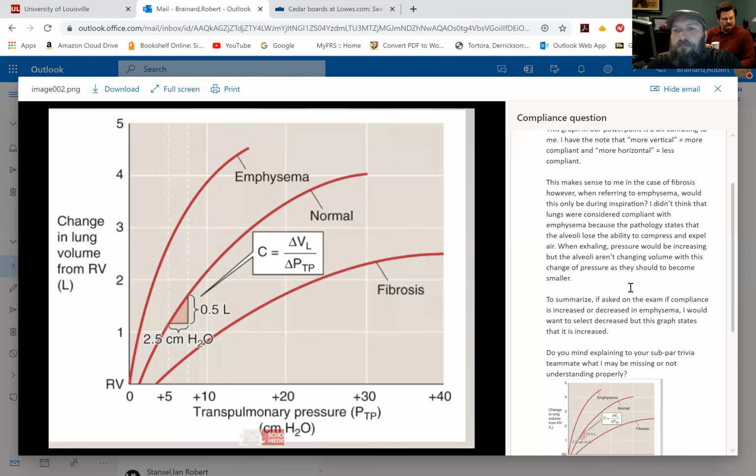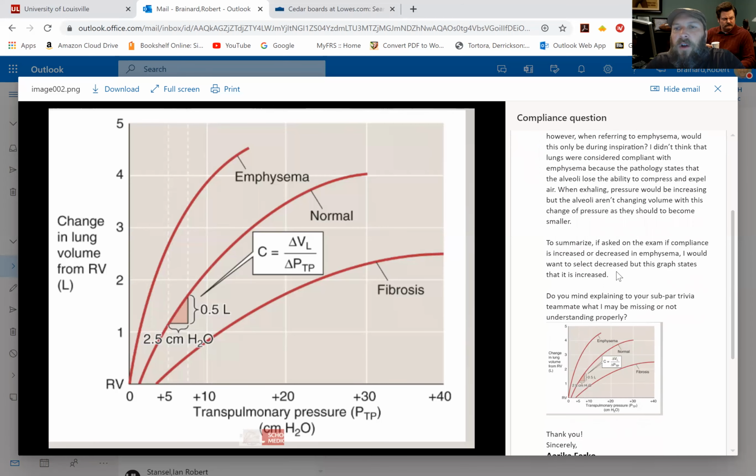Okay. So you said, to summarize, if asked on the exam if compliance is increased or decreased in emphysema, I would want to select decreased, but this graph states that. So no. If asked on an exam if compliance is increased or decreased in emphysema, the question needs to have other qualifying information, right?